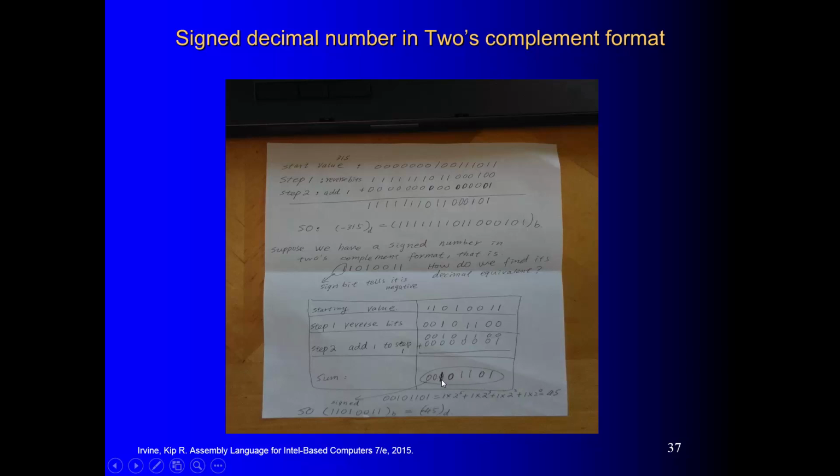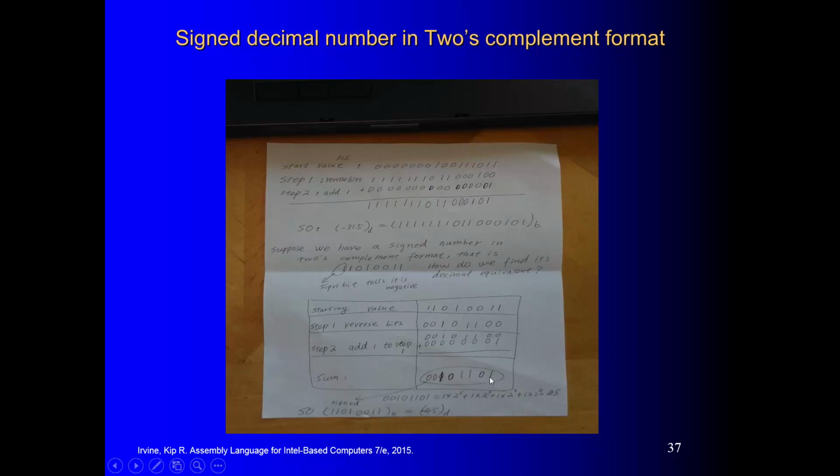This is 1 times 2 to the 5th power, because the index here is 5. This is a base 2. Binary number is a base 2 system, so you have to times 2 to the 5th power. And then I have 0 here, I don't care. And this one, I have 1 times 2 to the 3rd power.